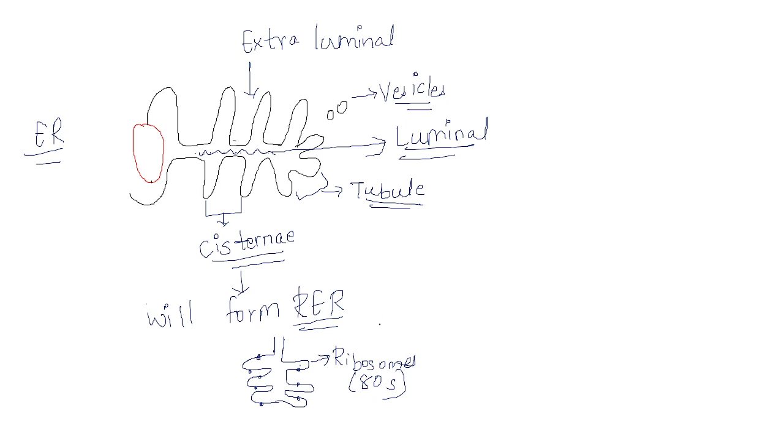Right? But in the case of rough endoplasmic reticulum, 80S ribosomes are attached. Is it clear? The cisternae form the RER, that is the rough endoplasmic reticulum.